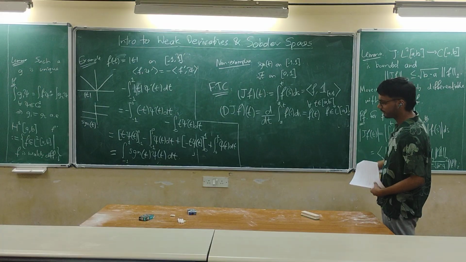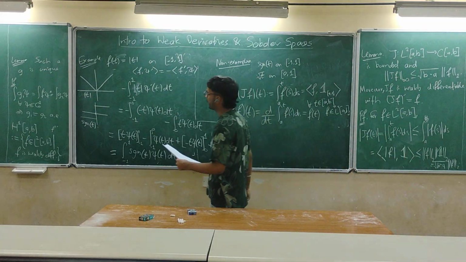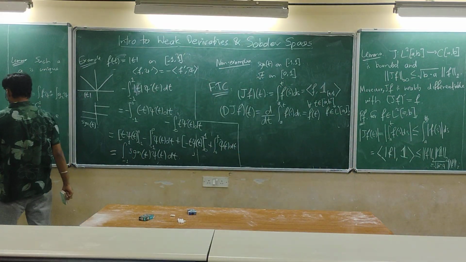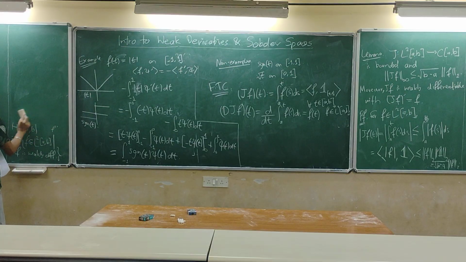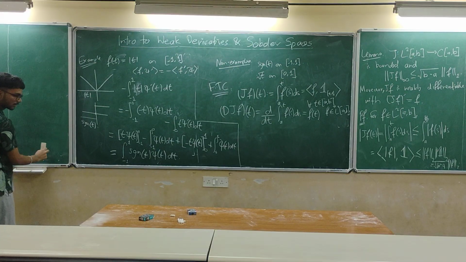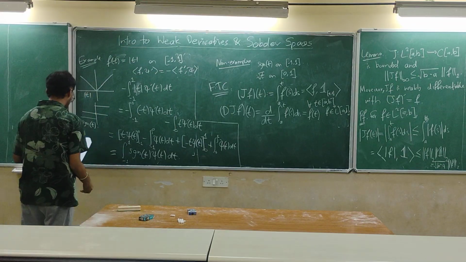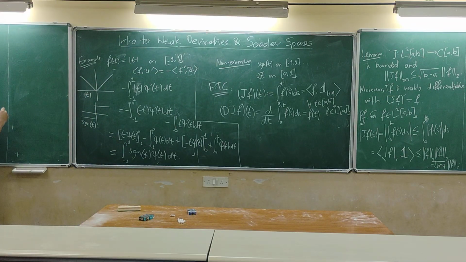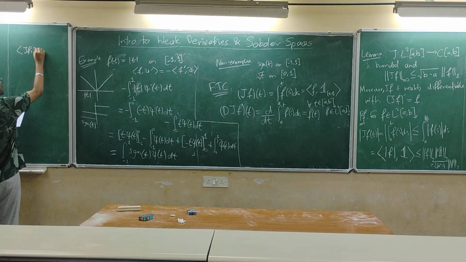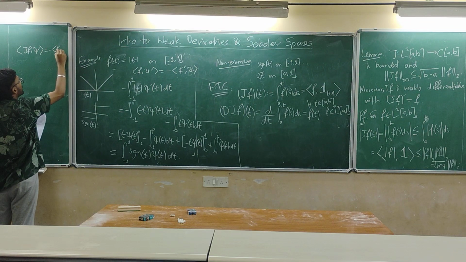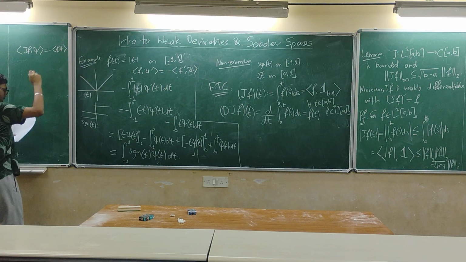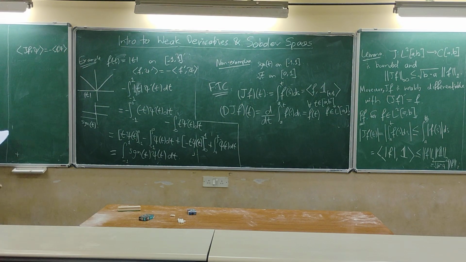Using the first part, I can show the second part, which I guess I can show you. So we need to show that J f with phi prime is minus of f with psi for all test functions.